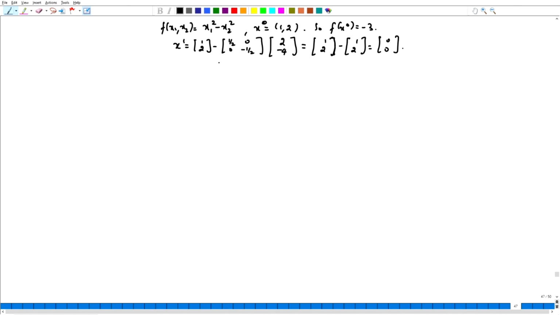So, you can see that f of x1 is actually 0 and that is greater than f of x0, right. So, I started with a point where f of x was minus 3. After applying the algorithm, I have reached an x where f of x is actually 0, which is greater than f of x0.